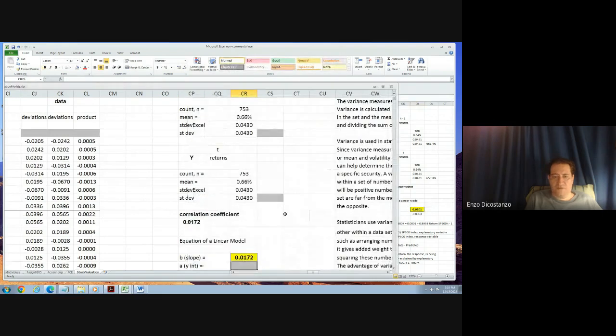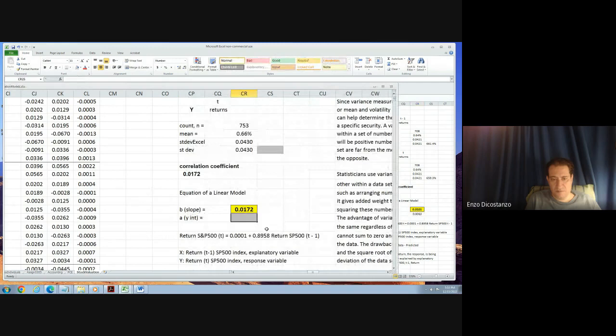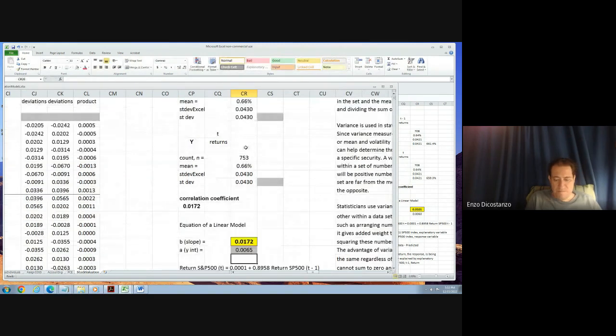Because you have almost the same deviations, you have a similar slope, and the intercept is going to be y bar minus x bar times the slope. Okay. Your intercept is not that different. 6365, not that different.